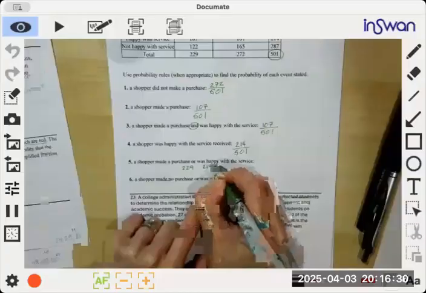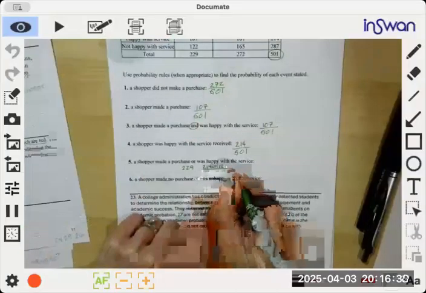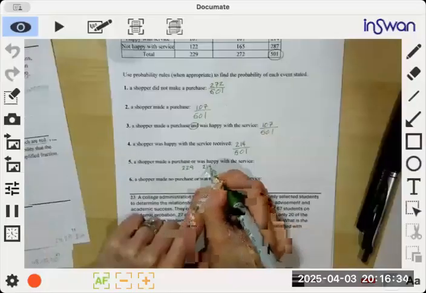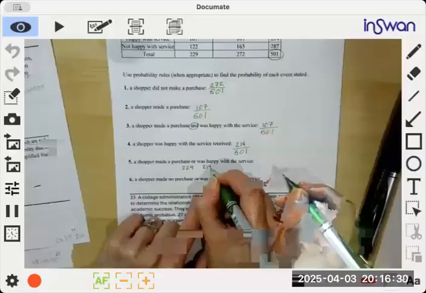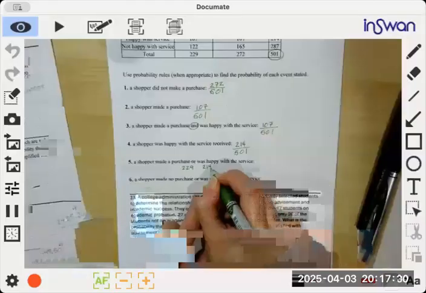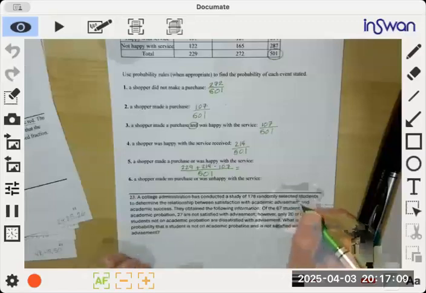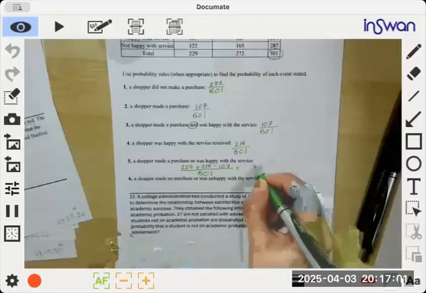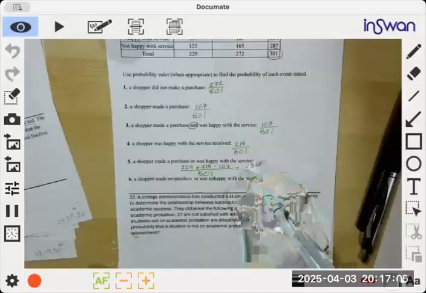So we're adding those two, subtracting out the 107, and all of that's over 501. And we subtracted the 107 because we already used it twice. Okay, so this is 336 out of 501.